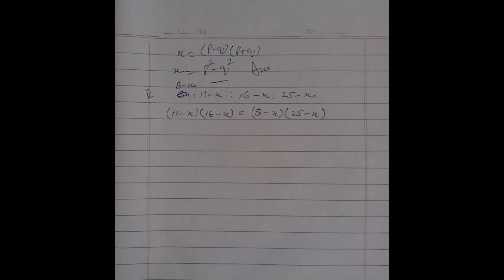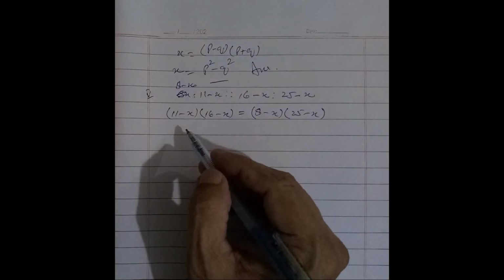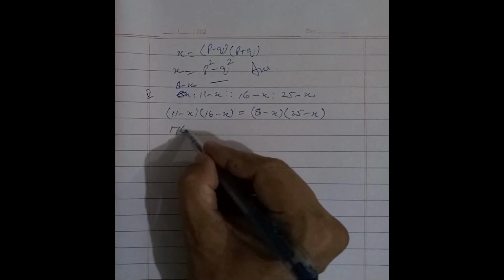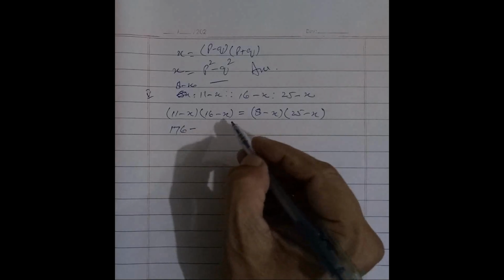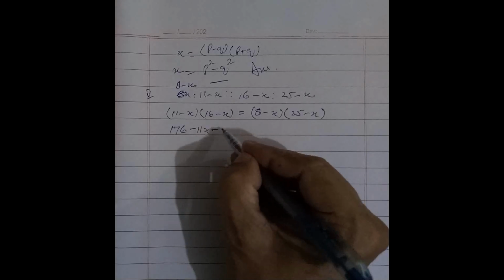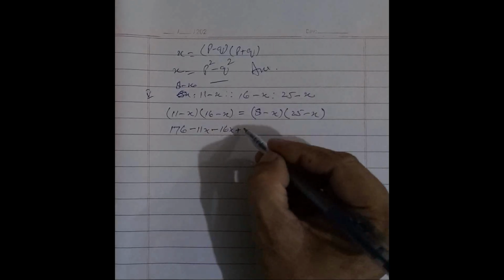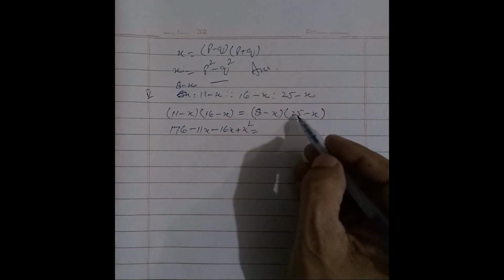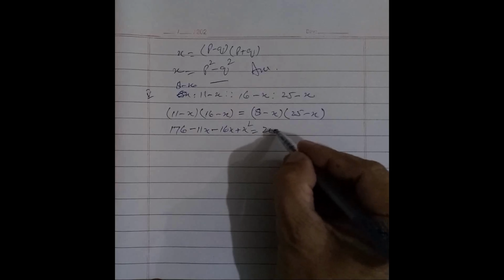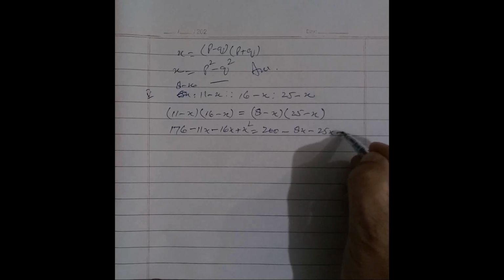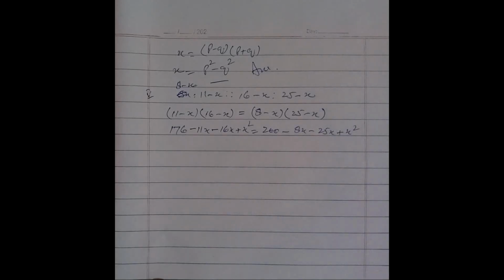Now we solve these values. Simplify. 11 into 16, we get 176 minus 11x minus 16x plus x square is equal to 25 multiplied by 8 is 200 minus 8x minus 25x plus x square.